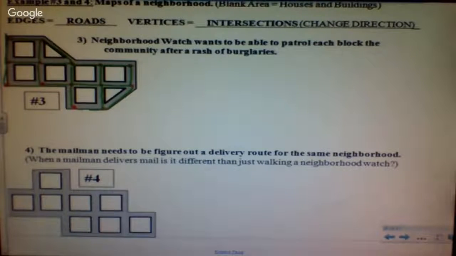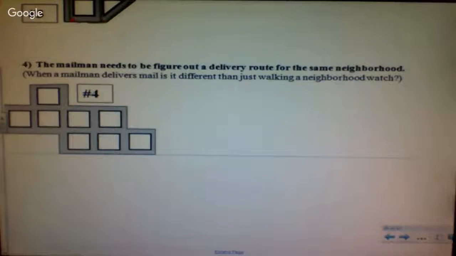Watch what I do with this next one. Still the same idea. Each intersection is a vertex. I need to not draw this on the map, I'm going to draw this beside the map.